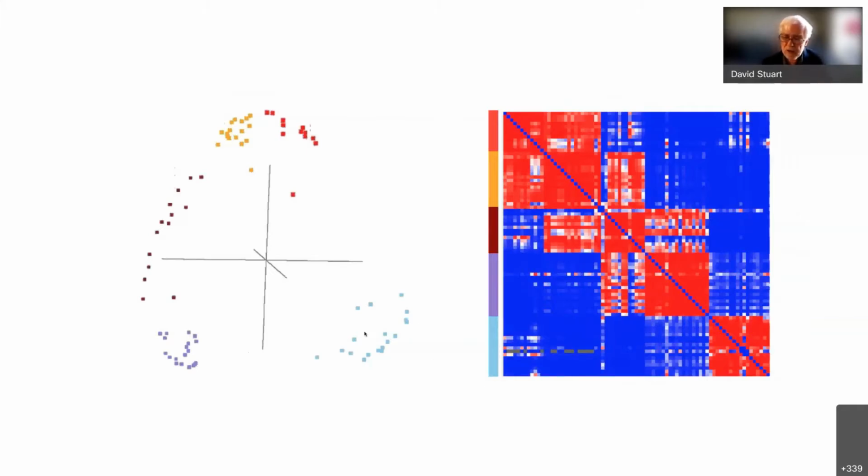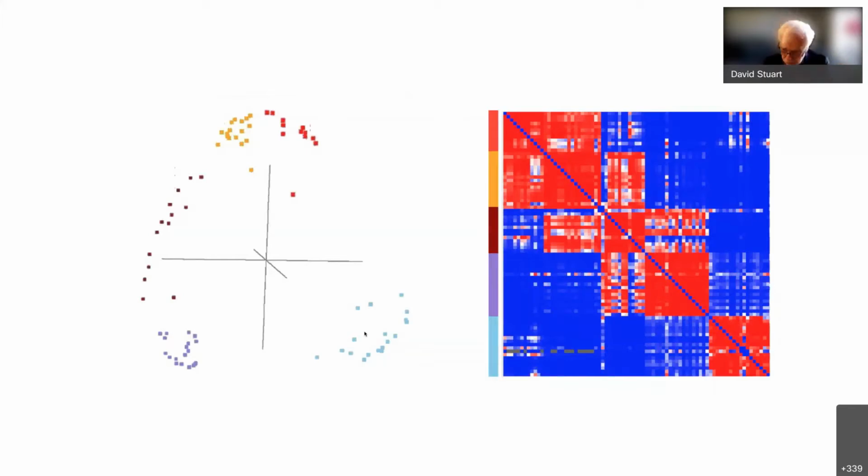And at this point, you can see on the picture on the left is the representation of the singular value decomposition results from the cluster analysis, colored according to separate groups.